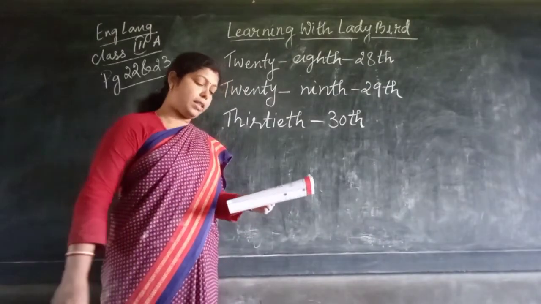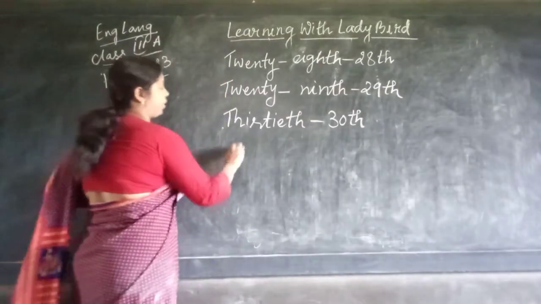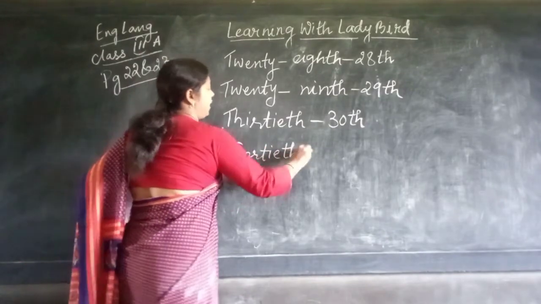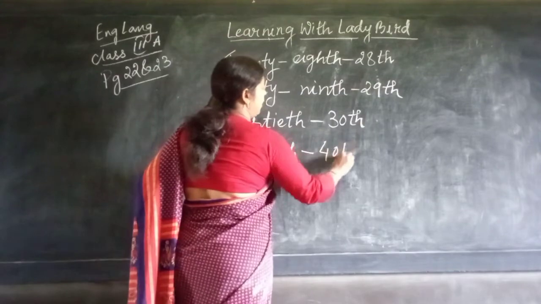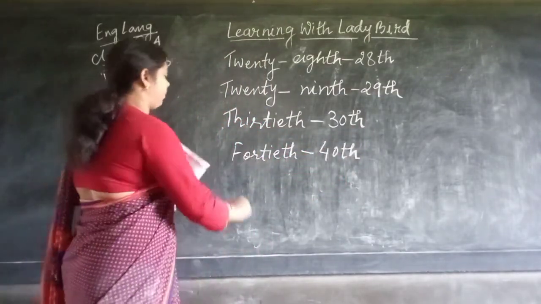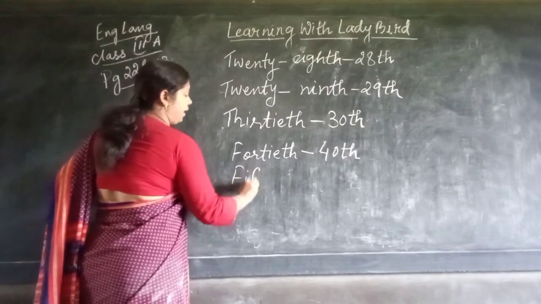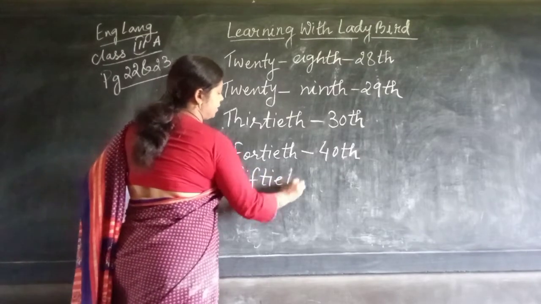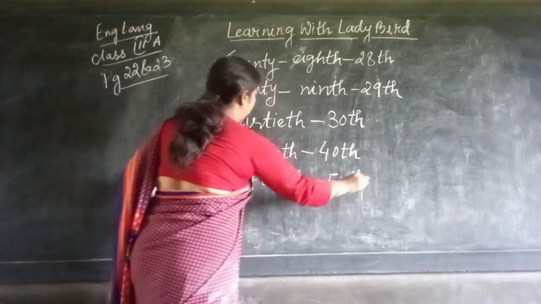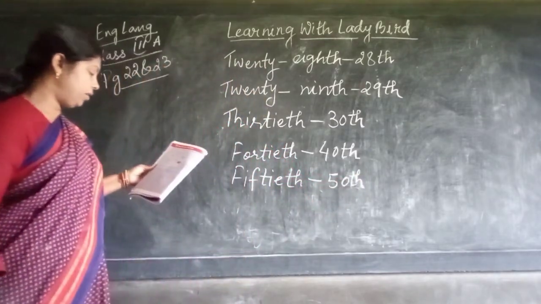Then you see 40th. What is the spelling of 40th? Fortieth, 40th. Then 50th, fiftieth. This is 50th. You should know that.